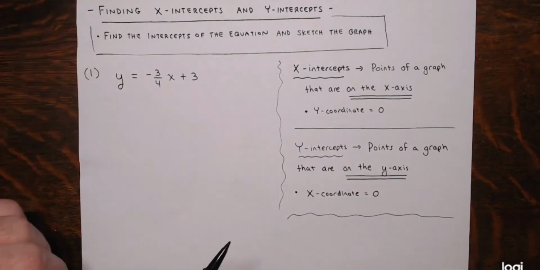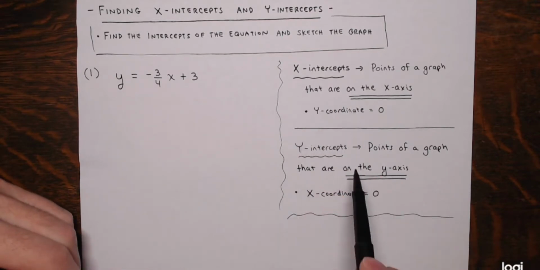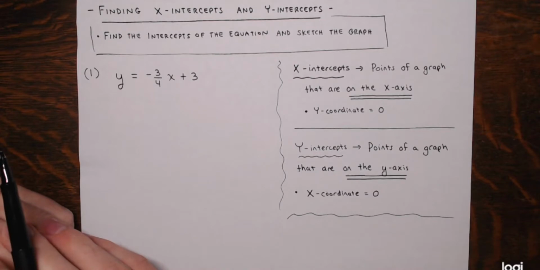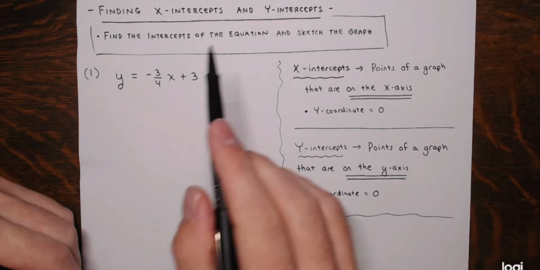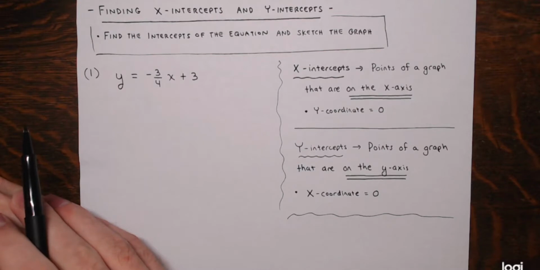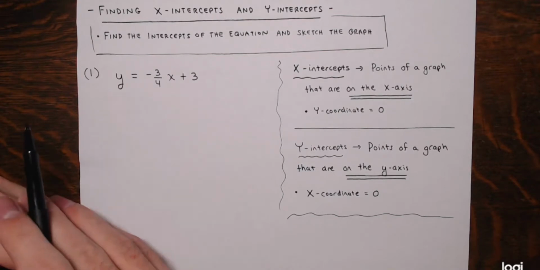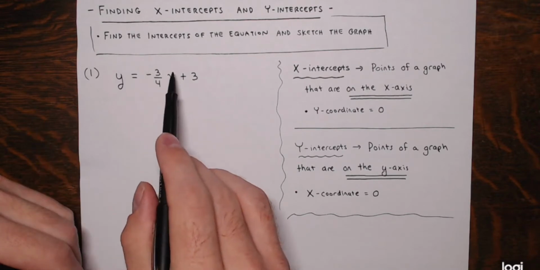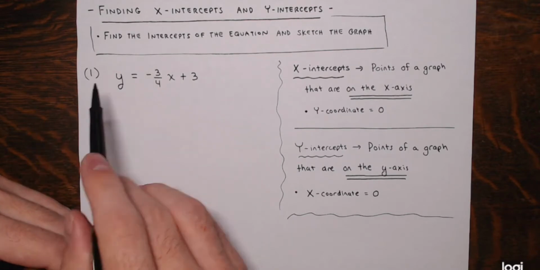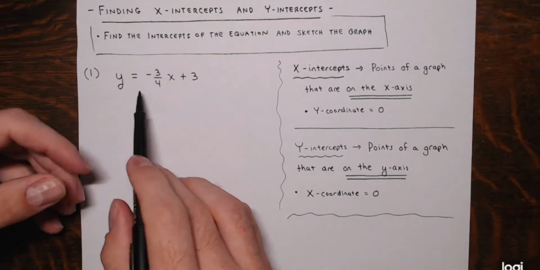And in this particular video, these are the only points we're going to really need to find to be able to sketch the graph of the rest of the equation. Because in this video, every single equation we're going to see is going to have x to the first power, y to the first power, no other powers of x and y, no special symbols, right?